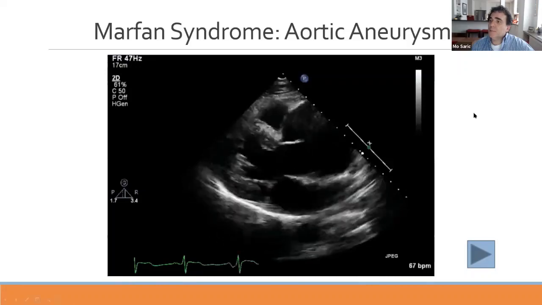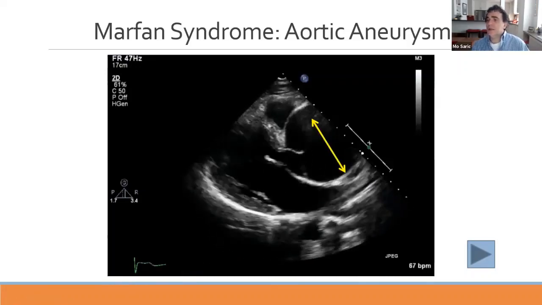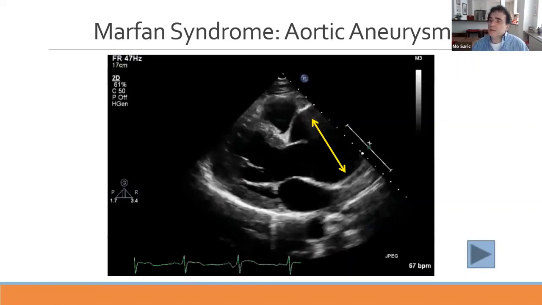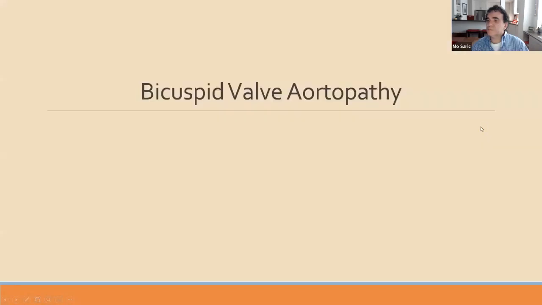And then if you go back again, there is really the emphasis that in Marfan syndrome, there is the aortic root aneurysm resulting in severe aortic regurgitation.